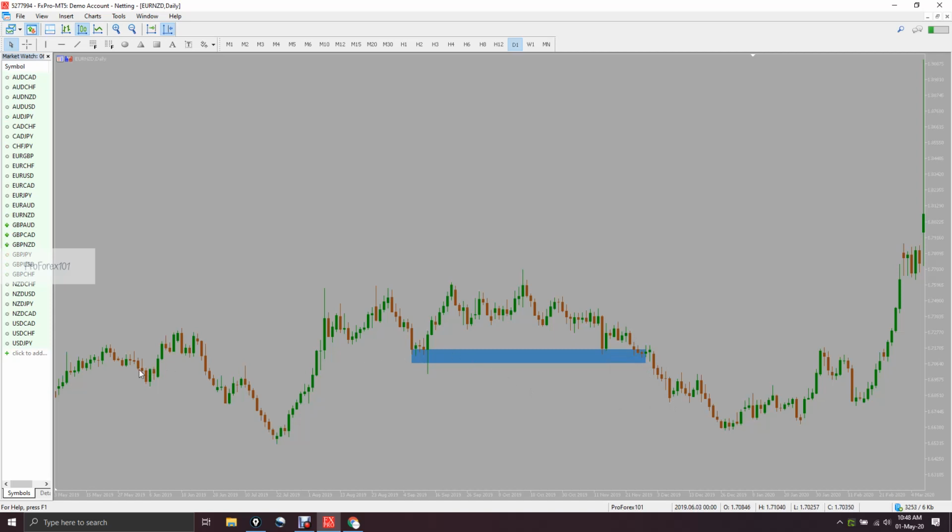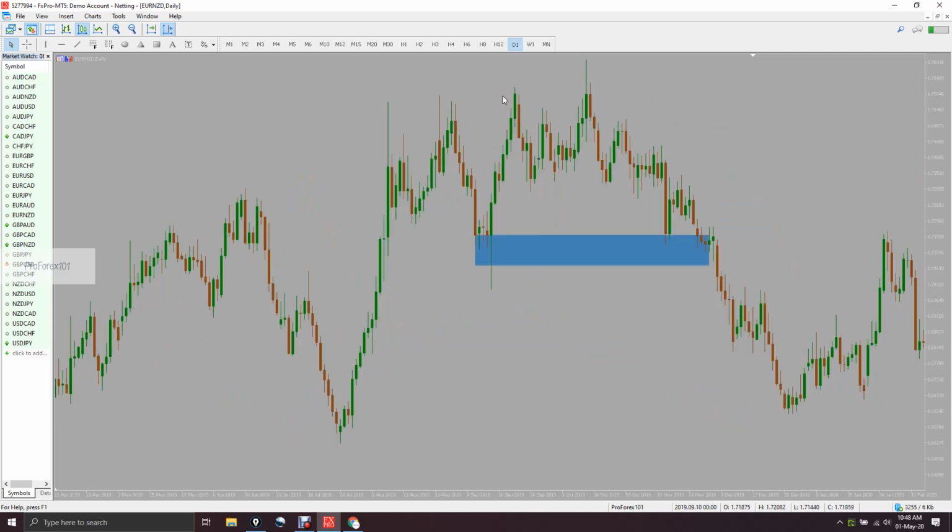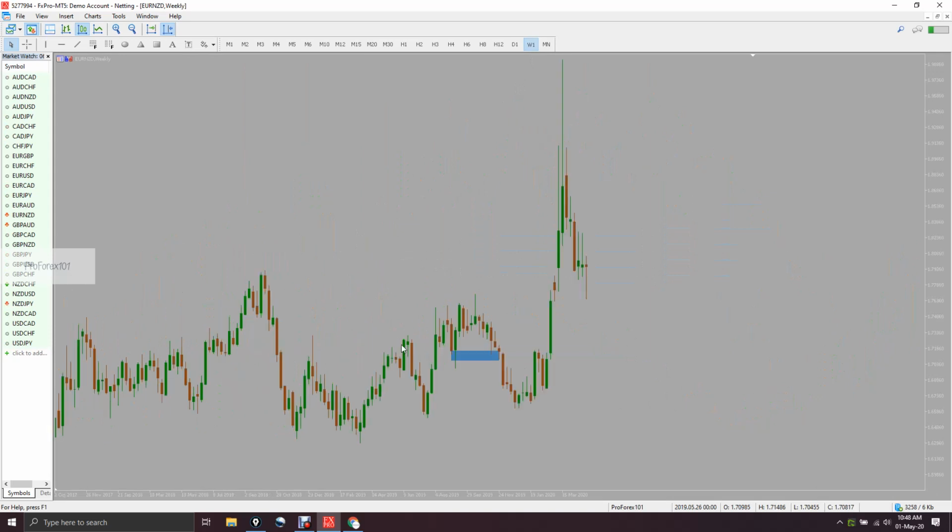So these zones go back for years and years, guys. You can even jump to the weekly charts. As you can see, in the weekly there was a demand here sometime back in August 2019, and it played a part again somewhere in November, December.